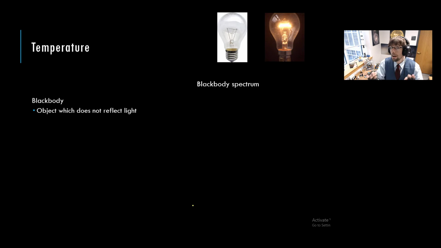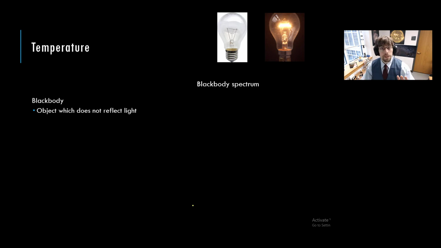A blackbody object is an object that does not reflect light. Okay? Hence the idea of black. Black, that color black, absorbs any light that falls on it. The reason why a black cloth looks black is because all of the wavelengths of light that strike it are absorbed.